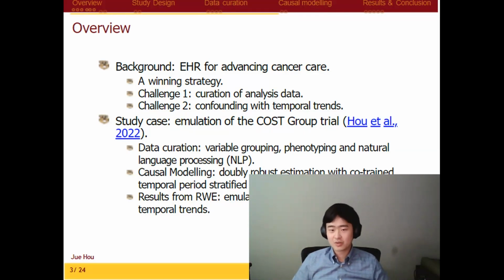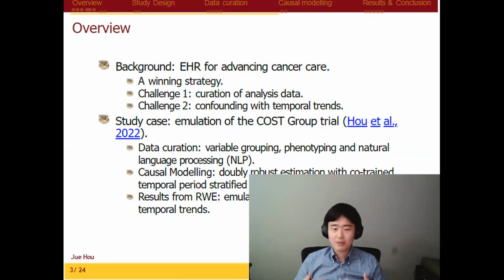To showcase the challenges and also our solution, we focus on a study of emulation of a randomized clinical trial, which is a paper published this year. We talk about three aspects. One is data curation: variable grouping, phenotyping, and the natural language processing technique to prepare the data.